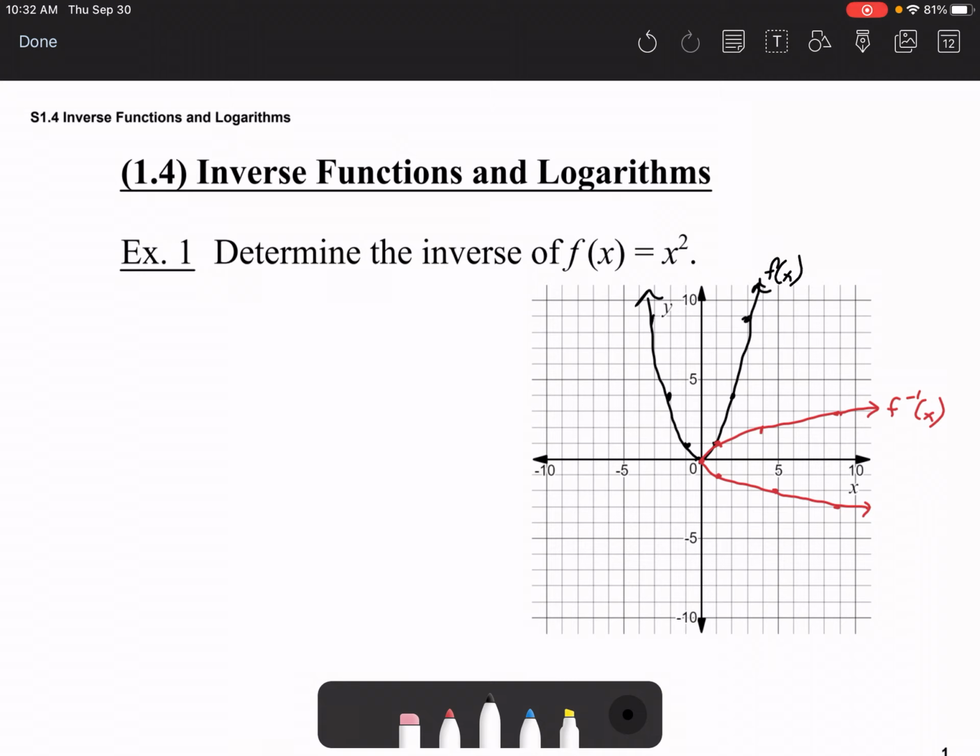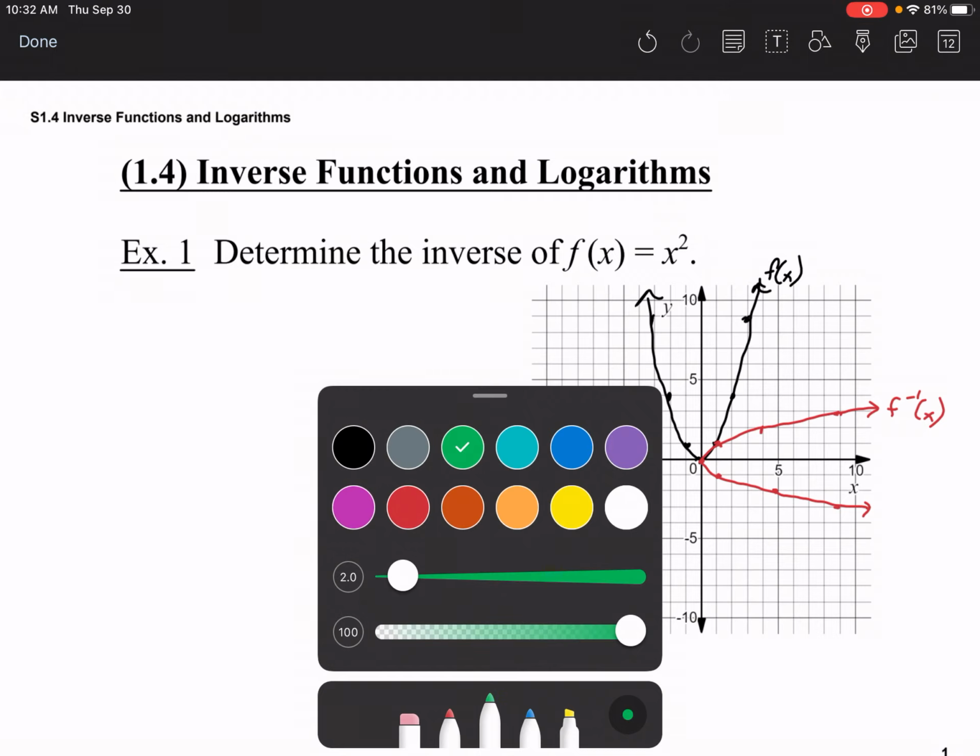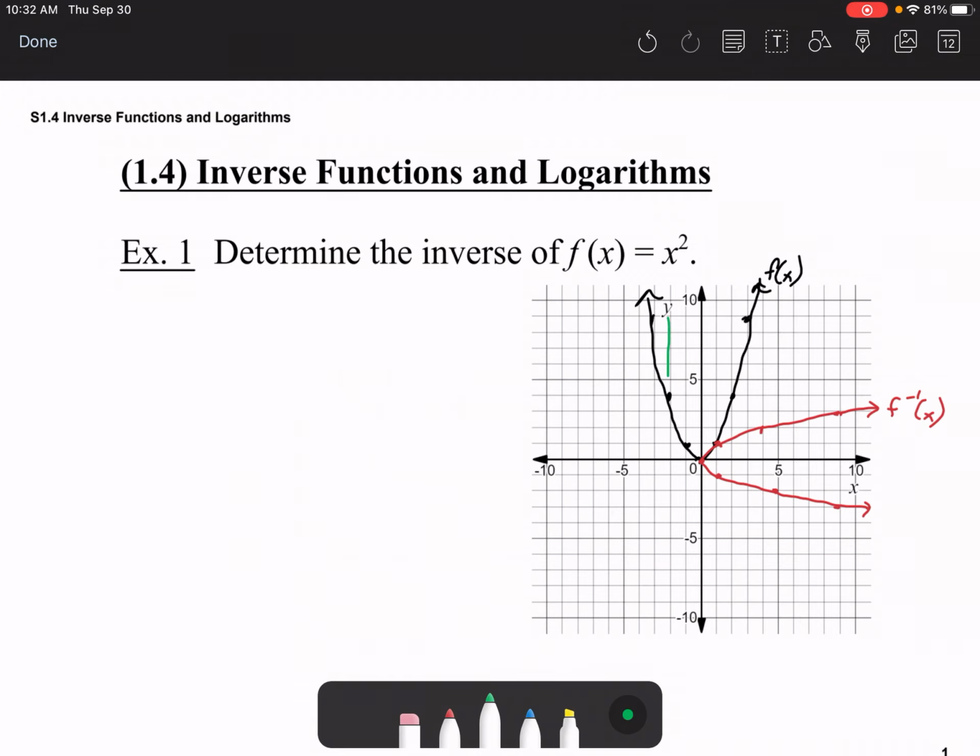Okay, so as you can first see, your original function actually is a function, because it passes the vertical line test. Here you can see it passes the vertical line test. However, the inverse is not a function.